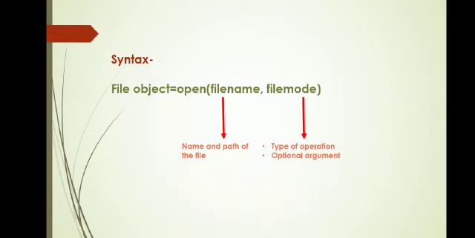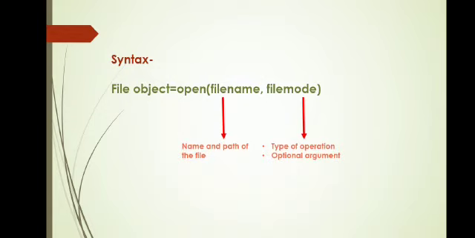Out of these two arguments, the first one, the file name, is a mandatory argument. You have to write this parameter in the open function. If you do not specify the name of the file, it will give you an error. But the second parameter, the file mode, is an optional parameter. If you do not specify any mode, Python will assume the default mode. And what is the default mode? We are going to discuss it a little while later.